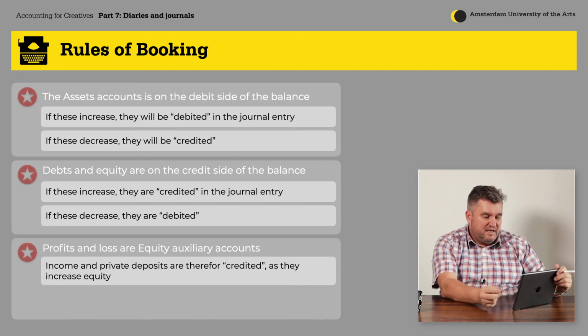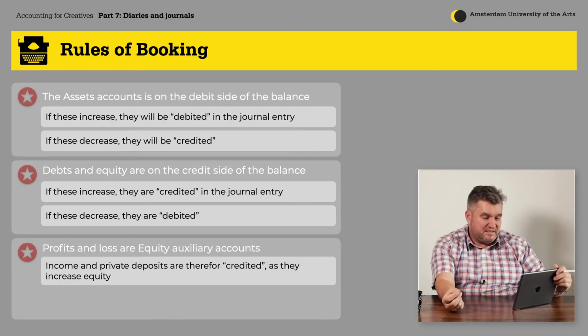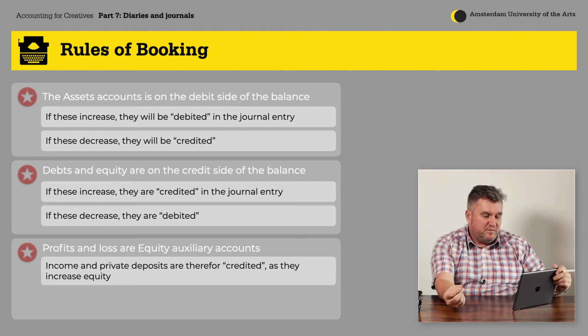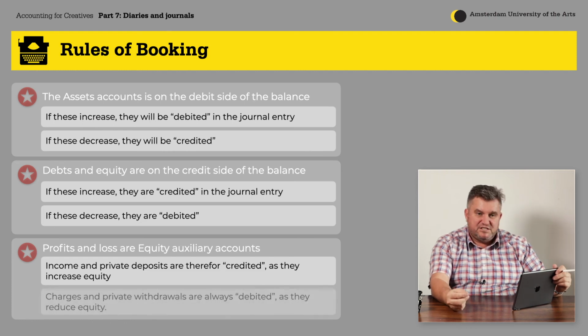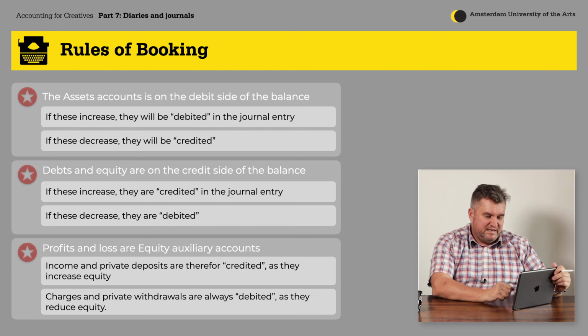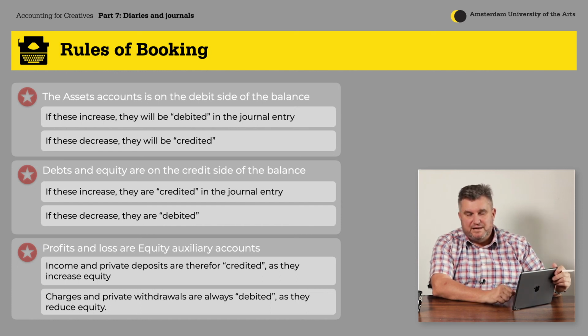Meaning that if something increases equity, we will always put it on the credit side, because equity is on the credit side itself. Like income but also private deposits, they both increase the equity, so we put them on the credit side. On the other hand, charges and costs, but also private withdrawals, decrease the equity, so we put them on the different side of the journal entry, in this example the debit side.